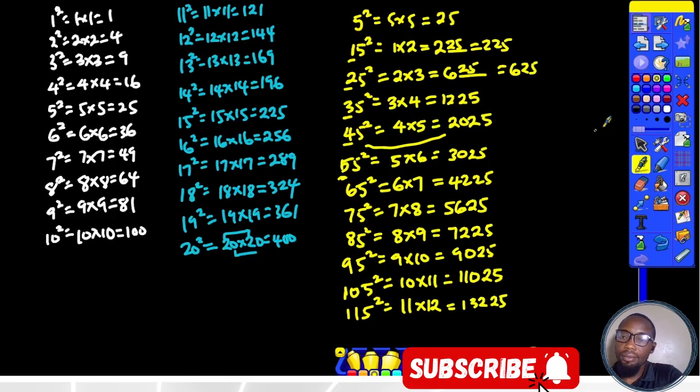Let's try these ones. You can try 125 squared.